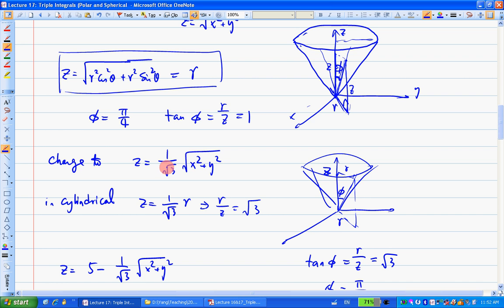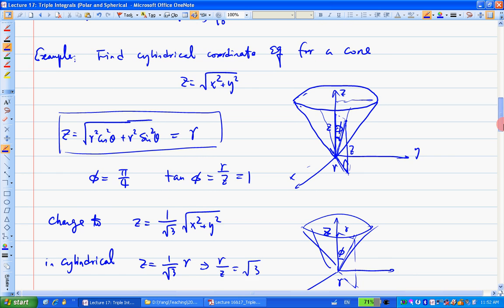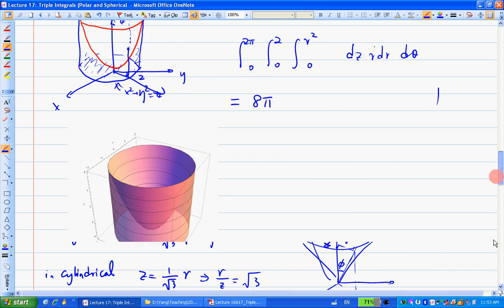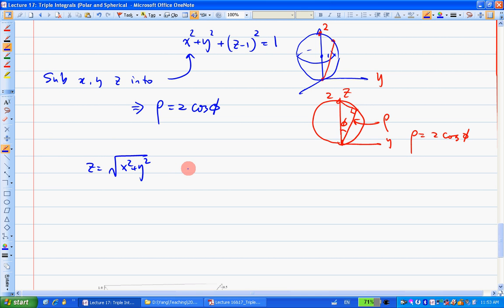In this particular case, phi is pi over 4. In another case, pi over 3. So the spherical coordinates equation describing this cone is just phi equal to pi over 4. You have a constant angle, anywhere, and that describes a cone. Is that clear?